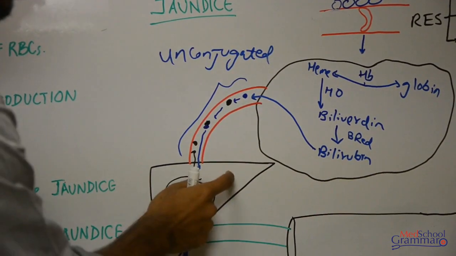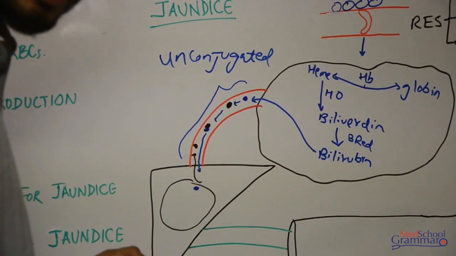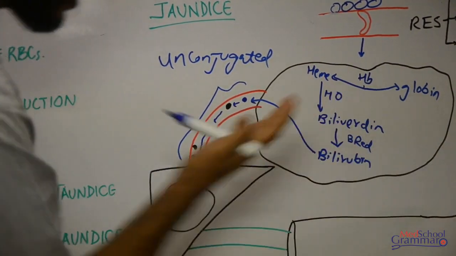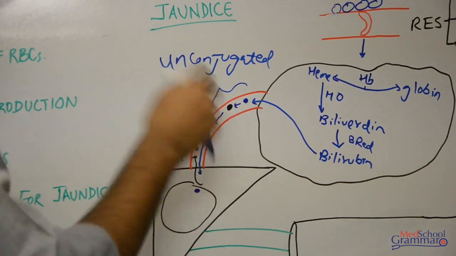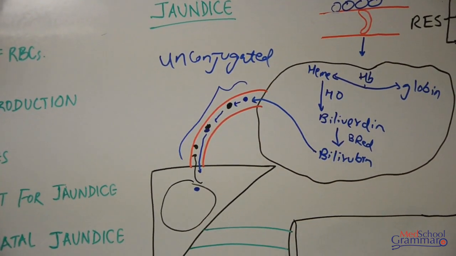Conjugation takes place in the liver. You need to remember this fact, right? Conjugation takes place in the liver. So any bilirubin that is present before the level of the liver, that is here in the blood vessels, is unconjugated bilirubin. Now what happens in the liver? Conjugation.